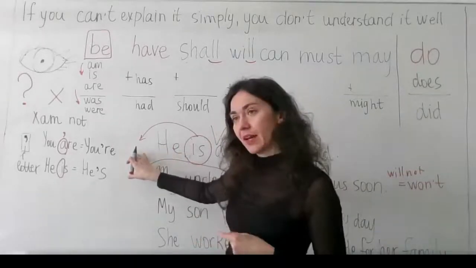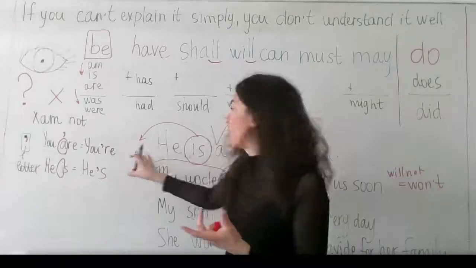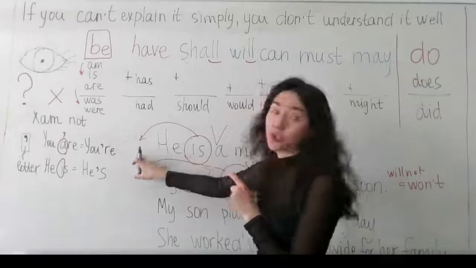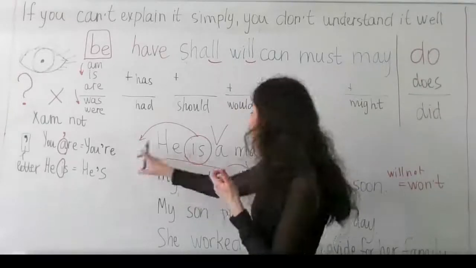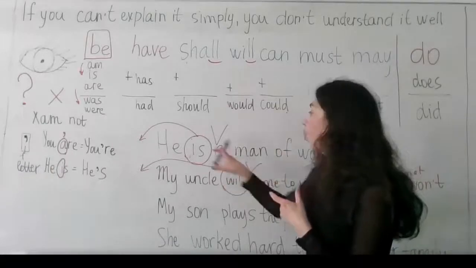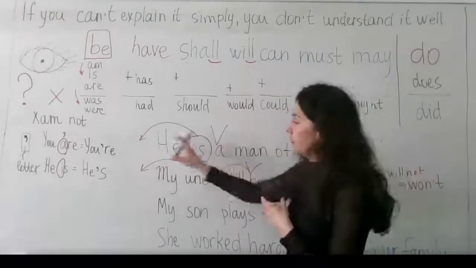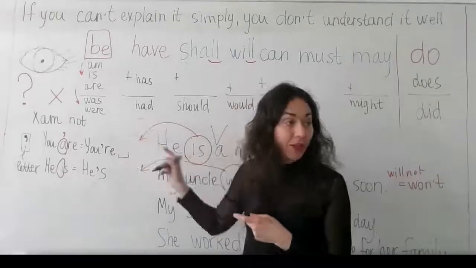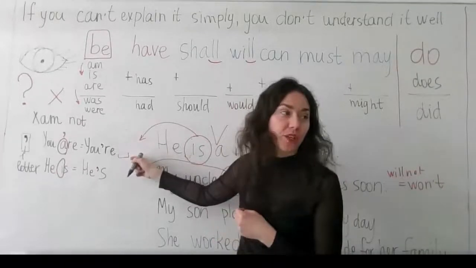There are some other types of questions, but in almost all of them, you have to use the question word at the very beginning as well. So is he a man of word? What is he like? Even if I say what at the very beginning, I need to move is closer to that question word as well.